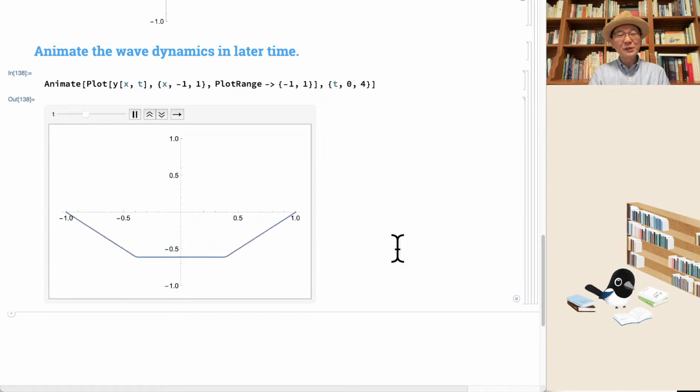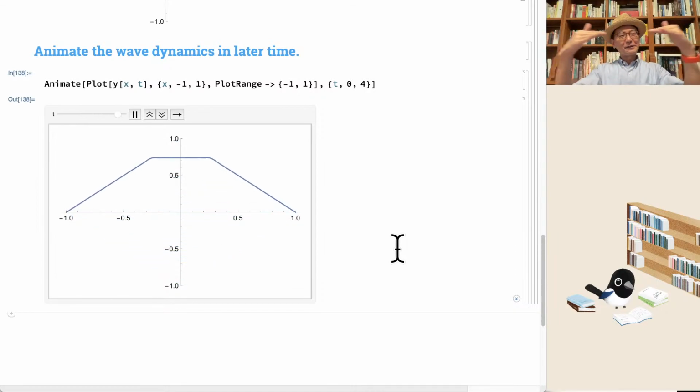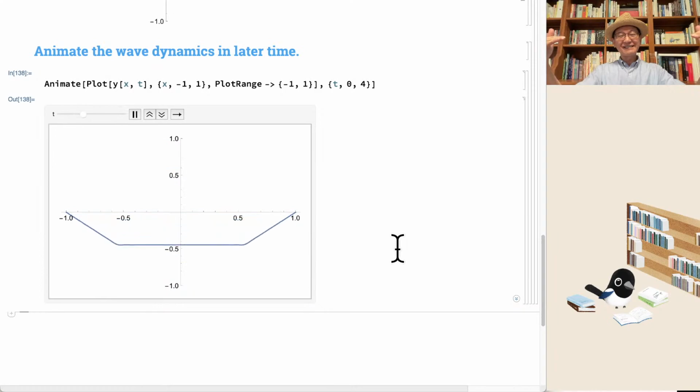And of course, you know how unrealistic it is. So there's a very simple, it's almost like you're just cutting this triangular shape, to the point that the potential energy is completely gone, right? And turning into the kinetic energy and then coming to the other side. So how the wave propagates is certainly beyond your expectations.